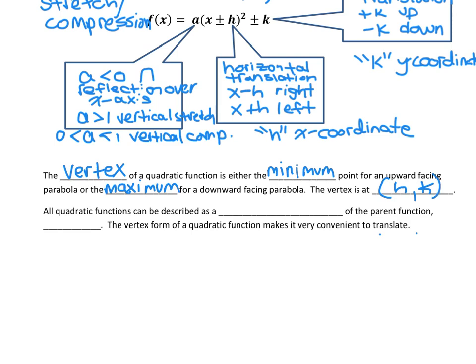All quadratic functions can be described as a set or series of transformations of the parent function. And we know that that's y equals x squared, or f of x equals x squared.